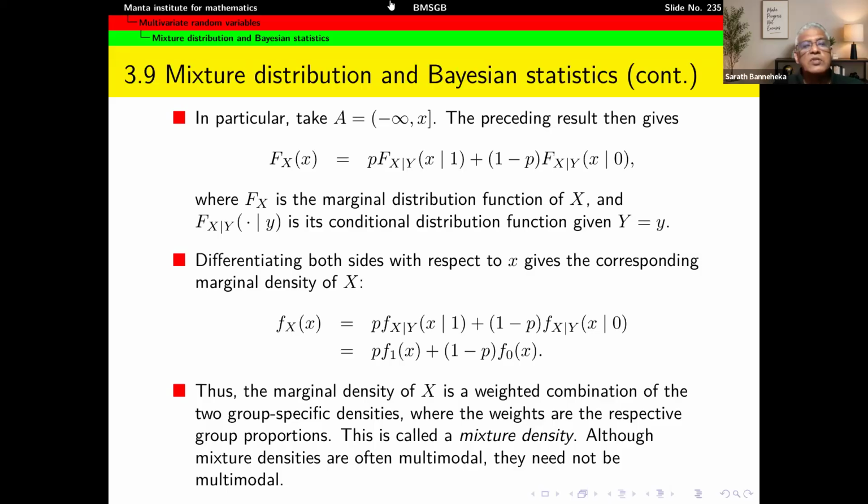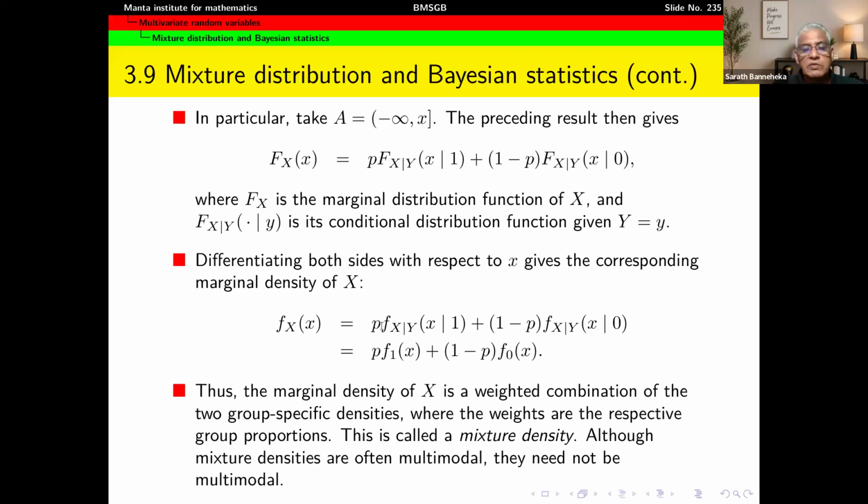When you differentiate the left-hand side, you get the density function of X. From the right-hand side, you get p, and then differentiating this term you get the corresponding conditional density function, and differentiating this one you get the other corresponding conditional density function.